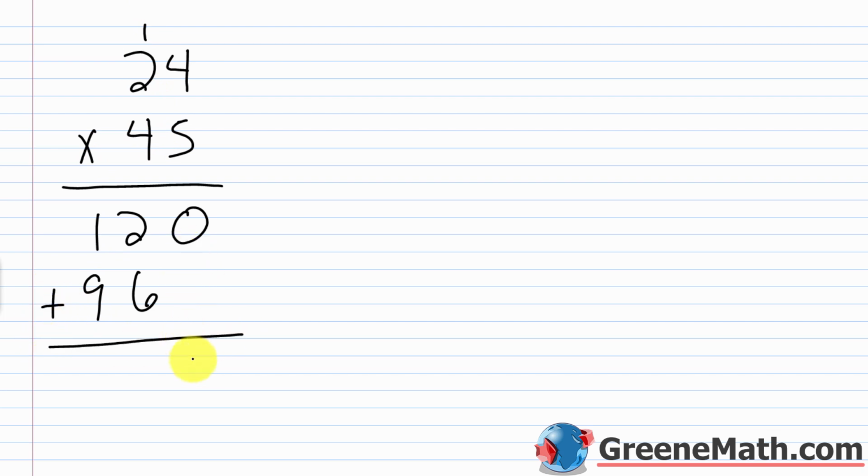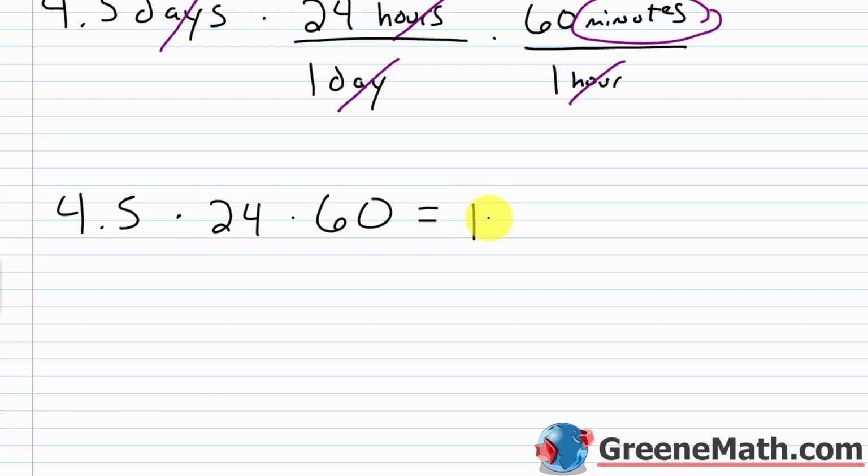We'll add here, bring down the 0. 2 plus 6 is 8. 1 plus 9 is 10. So that's 1,080. I have one decimal place between these two factors, so I'm going to move the decimal point one place to the left. That gives me the number 108.